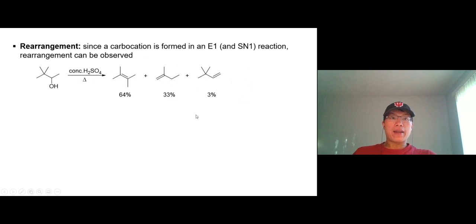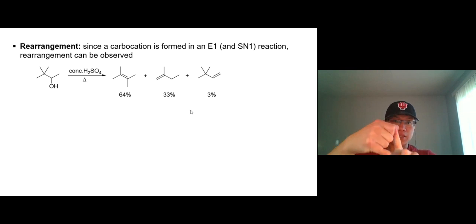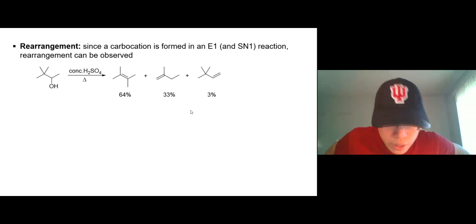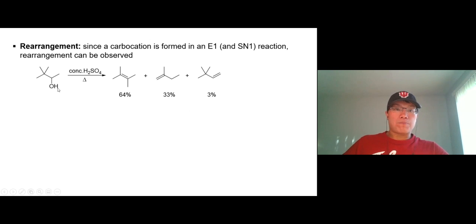And rearrangement. So what's our rearrangement? Remember that when you draw the carbocation, there are 2 events you have to keep in mind: rearrangement and racemization. But this one, we don't do racemization here, no nucleophilic attack, so we can skip that. Just the rearrangement, watch out though. Look at right here. So we have acid catalyzed dehydration of this alcohol.